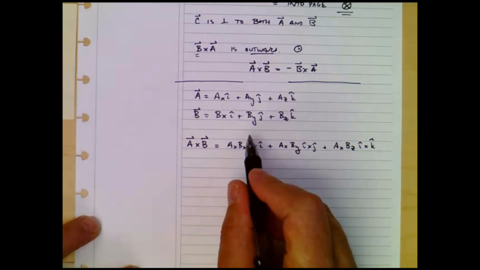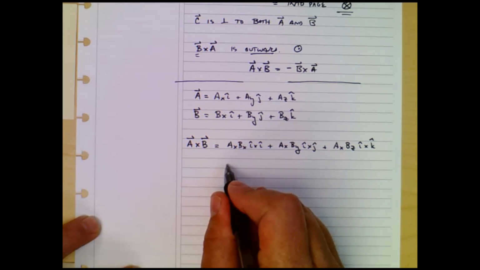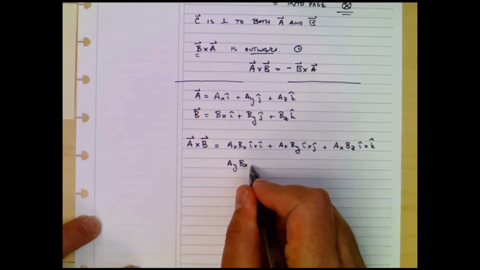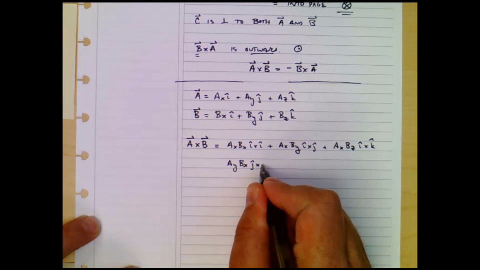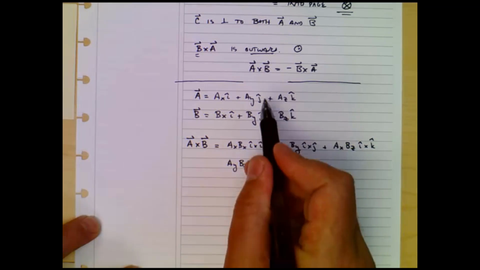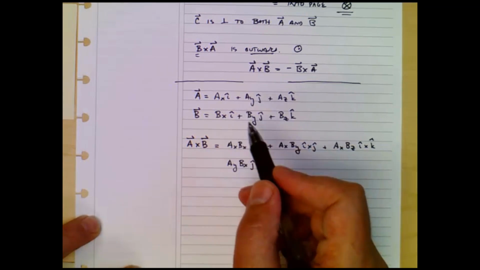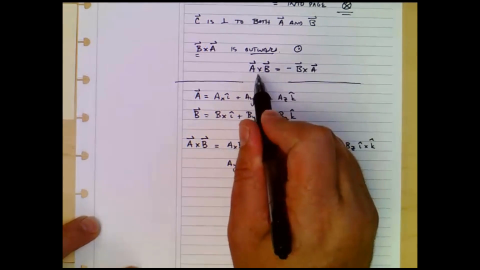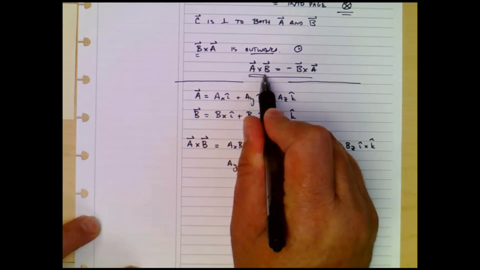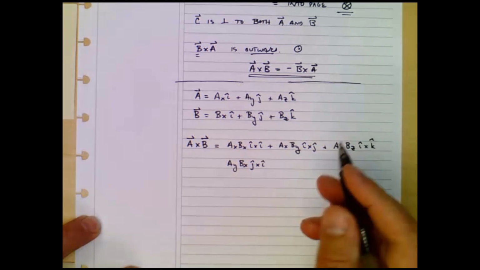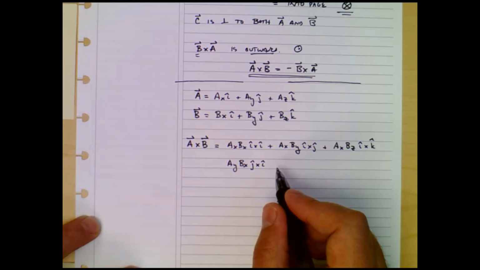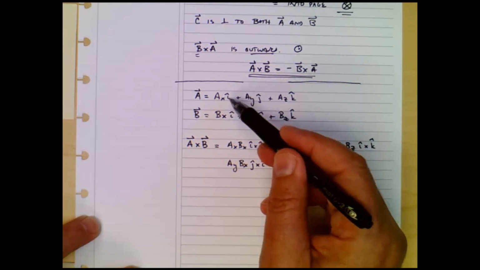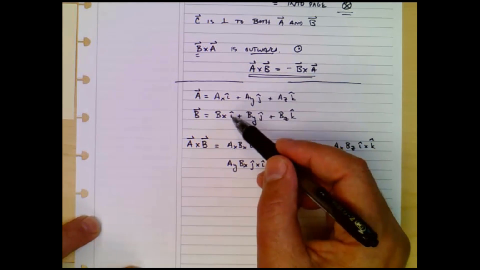And now the rest are similar, starting with ay bx, j cross i. Because A is first, we have to keep the unit vectors in that same ordering. That should make sense to you. We've already seen that the order of the product matters. So i cross j is going to be equal to minus j cross i. So we have to be very careful when we're multiplying these in this way to get the right ordering.